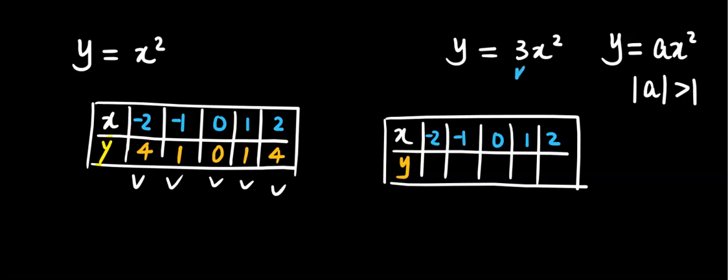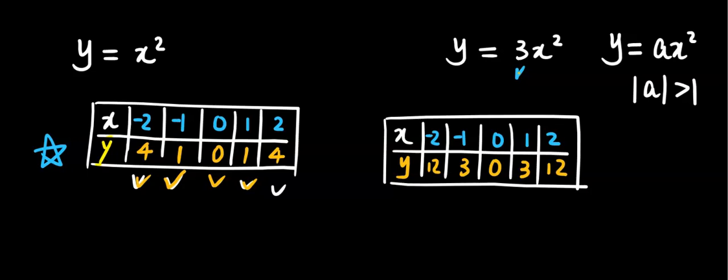Since we have a 3 times x squared, which means every y value in this table, we can multiply by 3. So 3 times 4 is 12. 3 times 1 is 3. 3 times 0 is 0. 3 times 1 is 3. 3 times 4 is 12.